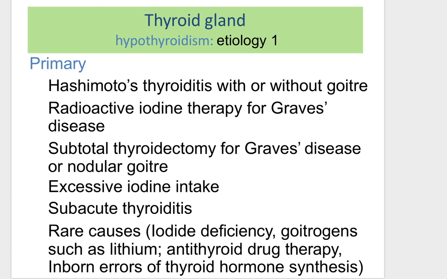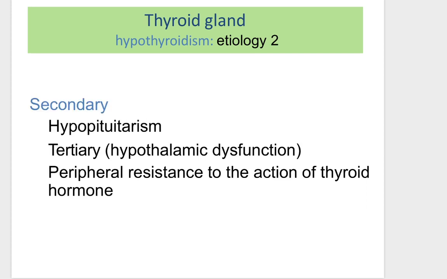It can be subacute thyroiditis, and more rare causes like iodine deficiency, goitrogens such as lithium, antithyroid drug therapy, and inborn errors in thyroid hormone synthesis. Secondary hypothyroidism is caused by hypopituitarism, when the problem is not in the thyroid gland but in the regulation. It can be tertiary, or hypothalamic dysfunction, and peripheral resistance to the action of thyroid hormone.